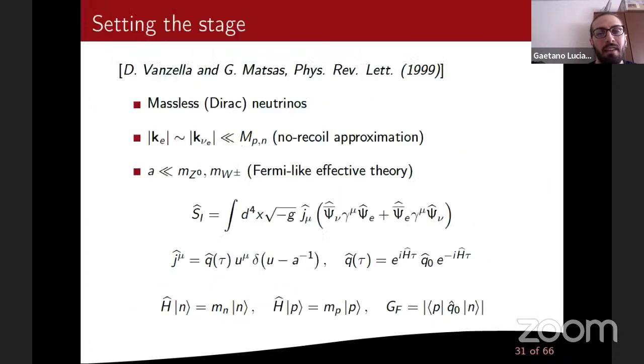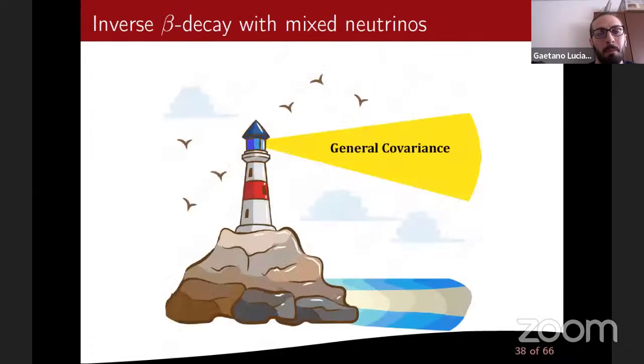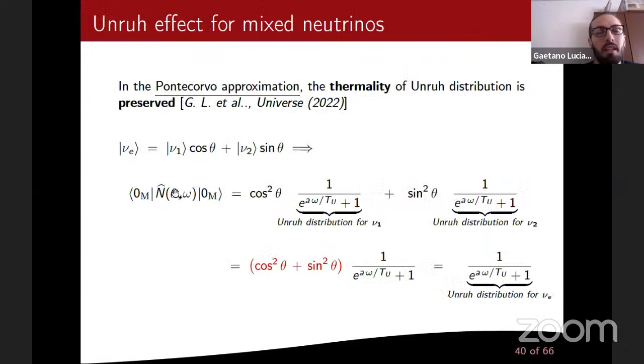In this case, it's easy to show that if you compute the density of flavored neutrinos in the Minkowski vacuum in the Pontecorvo approximation, since the ladder operators are a simple rotation of nu1 and nu2, you directly obtain cosine squared times the distribution of nu1 particles plus sine squared times the distribution of nu2 particles.